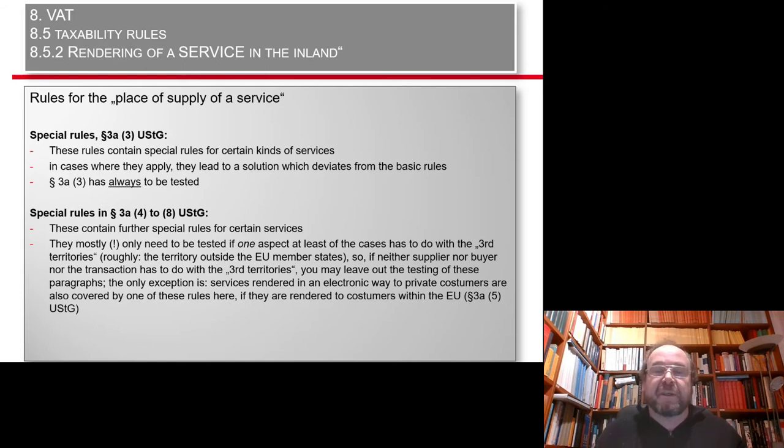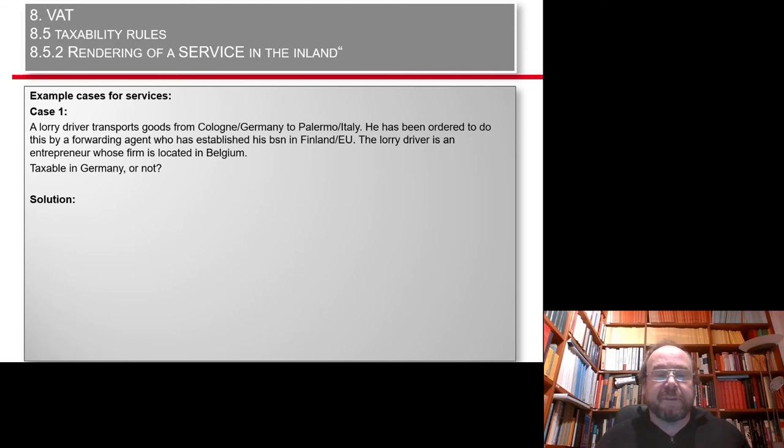The only exception where a case inside the EU with no connections to third countries is also involved in that part of the law is telecommunications, television, or internet performed services from a business owner to a private customer who resides inside the EU. That would be covered in 3A5. In all other cases, you can directly skip these passages because they can't become relevant.